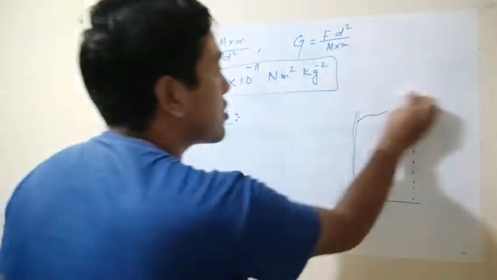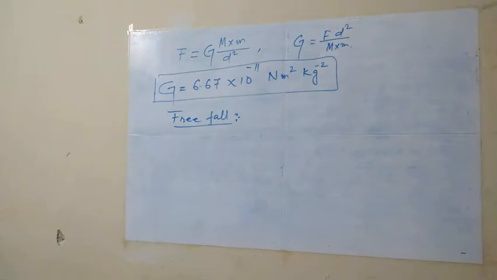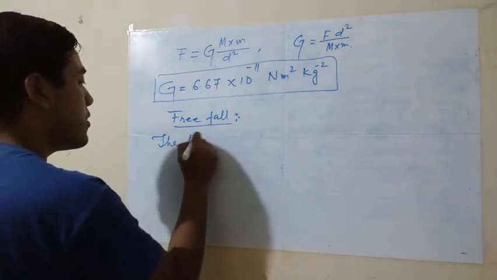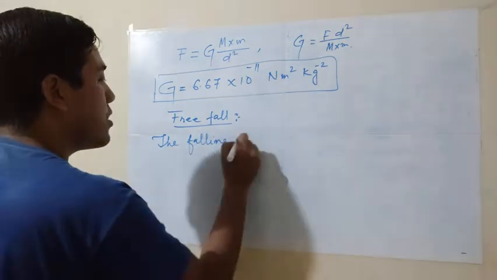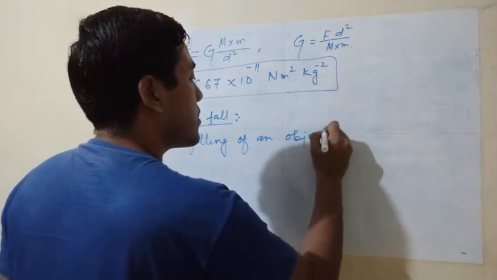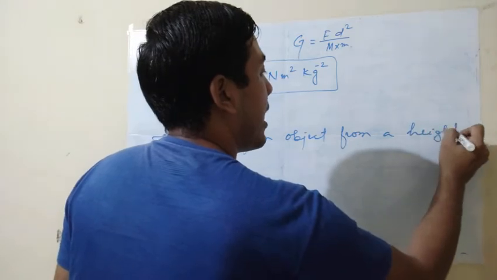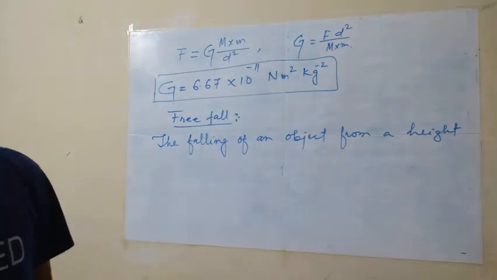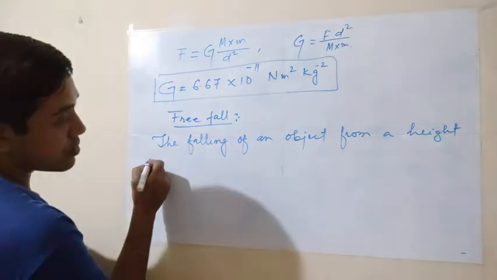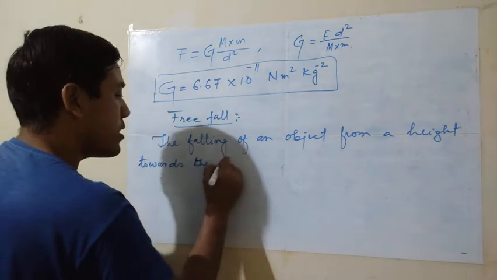Now I will explain what free fall is. Free fall is the falling of an object from a height towards the center of the earth, under the gravitational force of the earth.